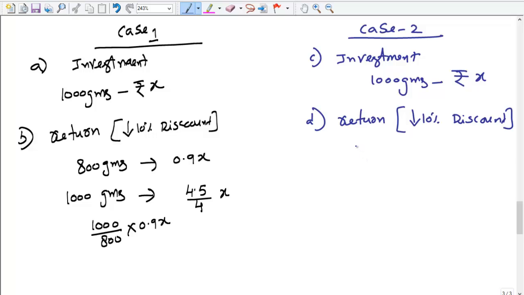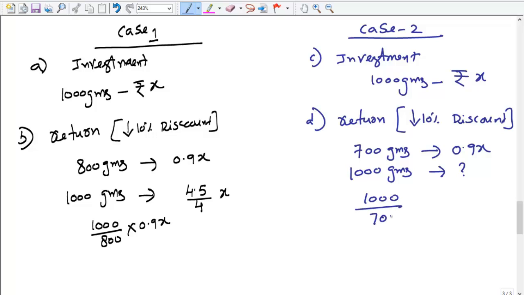However, he is giving only 700 grams instead of 1000 grams and is selling at 0.9x. We need to calculate for 1000 grams. That's simple. 1000 divided by 700 into 0.9. So it means the total return is going to be 0.9x, 9 by 7x.